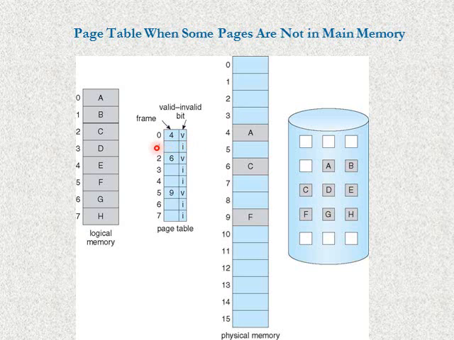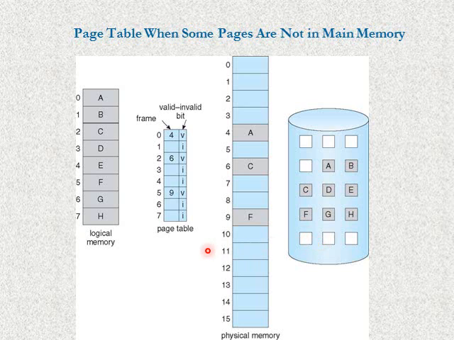For some of the entries we do not have any frame number altogether, and we have their reference bit as invalid. Over here we have the main memory where all the valid pages are stored, while on the swap space we have the complete process along with its pages stored.